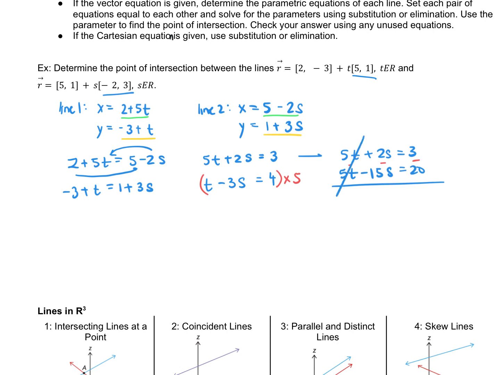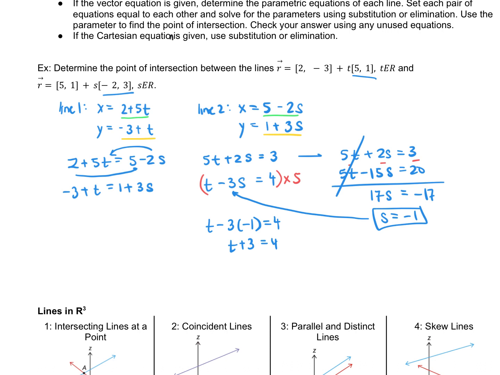Then I have 2 minus negative 15 and 3 minus 20. Now if we divide both sides by 17, we get s equals negative 1. And now I'm just going to sub that in here. So that's t plus 3 equals 4, and t equals 1.